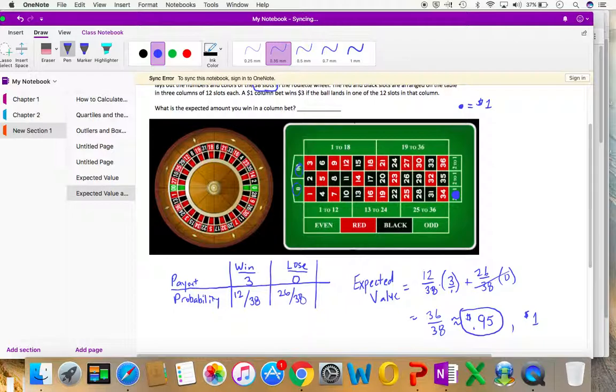But in the long run, every time somebody spends $1 on the roulette table on this bet, as lucky as they may feel, they are going to lose 5 cents every single spin for every single $1 bet. So that's why the house will always win, because even though I spend $1, I'm expecting in return 95 cents.